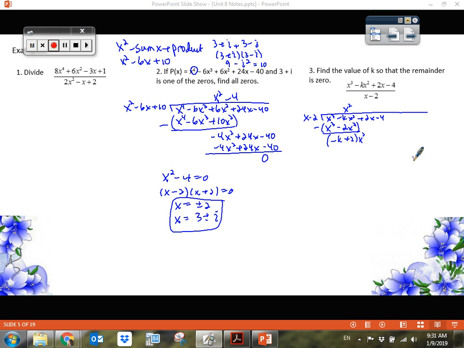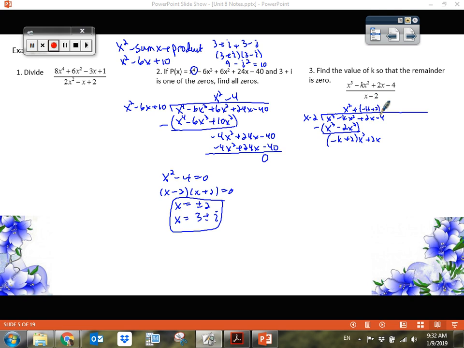Okay. I'm going to bring down my next number, plus 2x, and I'm going to keep going. I know this is going to be weird. So what would I multiply x by to get this x squared? Well, minus k plus 2 x, right? And I'm going to keep it in parentheses because it's just a little weird thing.